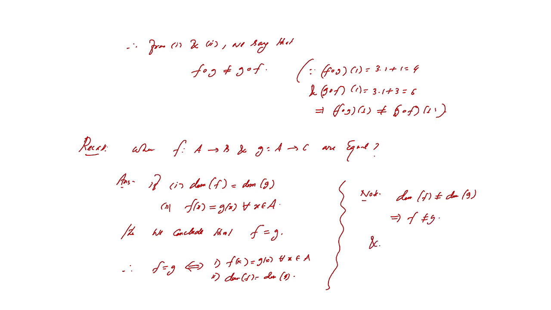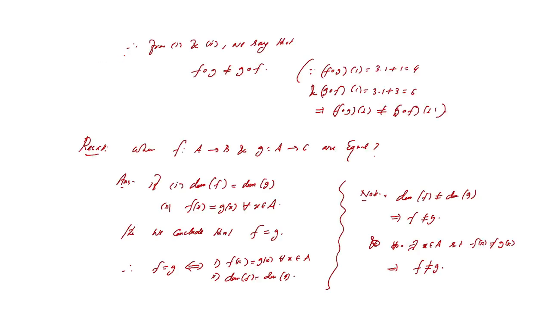And also another way, if we see there exists an element x belongs to A such that the images are not equal, in that case we conclude the maps are also not equal. So in these two ways we can conclude the maps are not equal. So here what we have seen is that composition of mapping is not commutative.